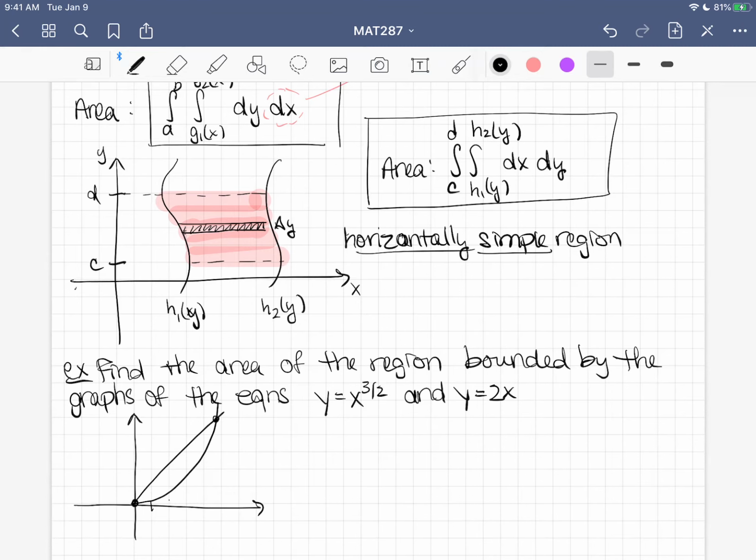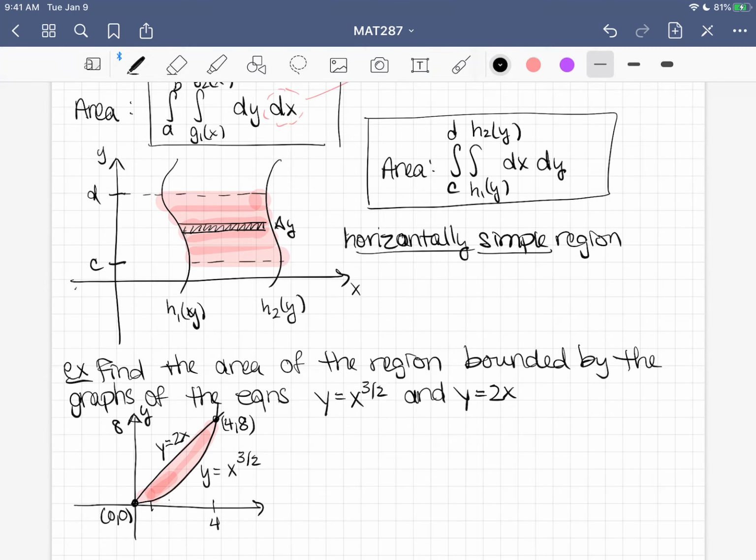And so this point was 0, 0, and this point was 4, 8. So about here is my 4, and up here is my 8. Let's call that y. And we're looking at the region between there. Okay, let's label a few more things. This is y equals x to the 3/2. This is y equals 2x.